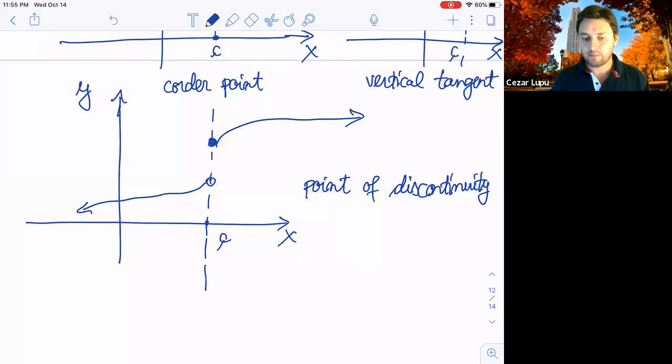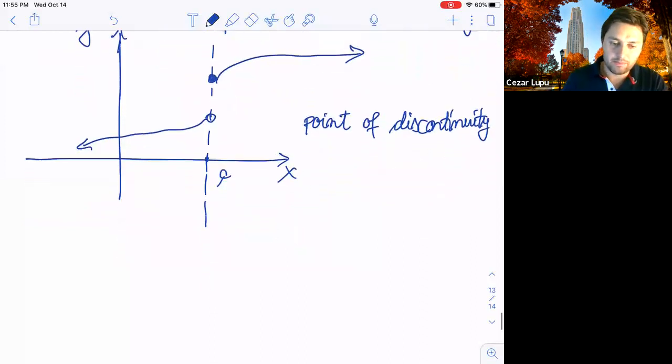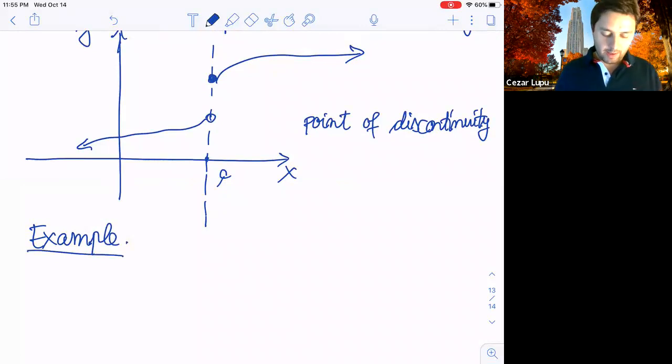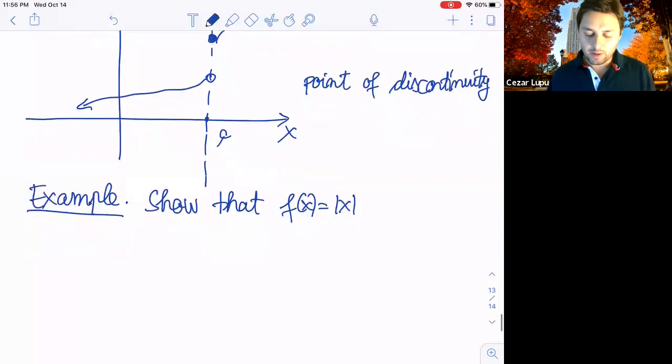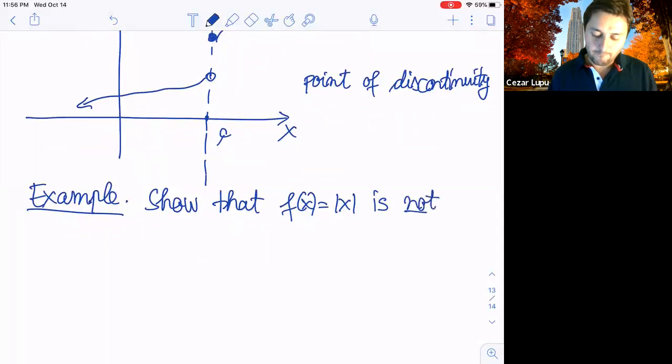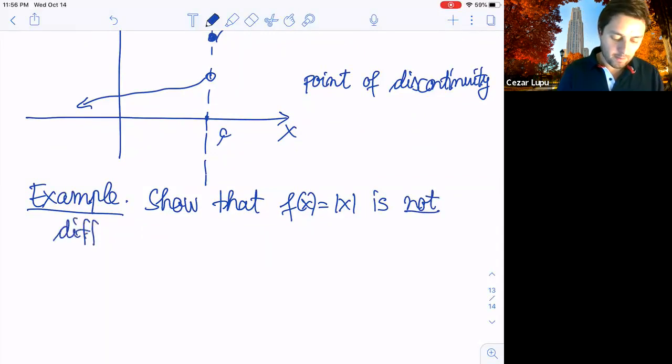And in fact, let me give you an example now. This is a very classical example. Show that the function, let's just say f of x equals the absolute value of x, is not differentiable at x equals 0.